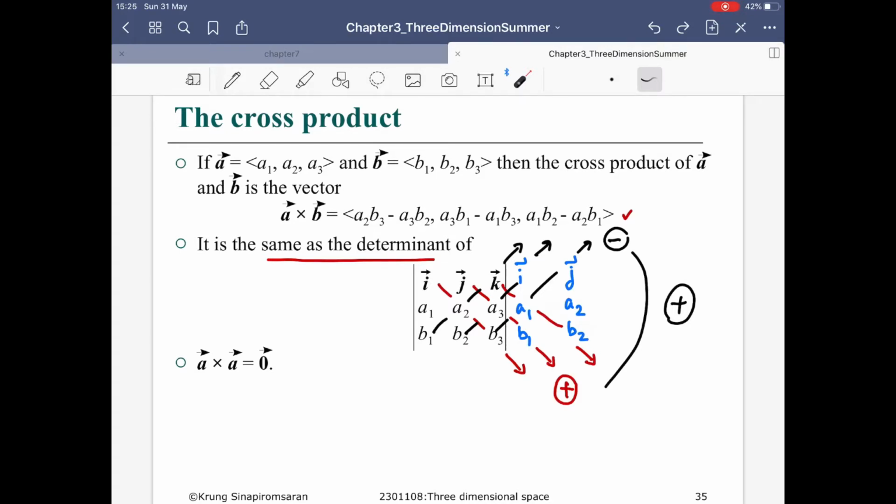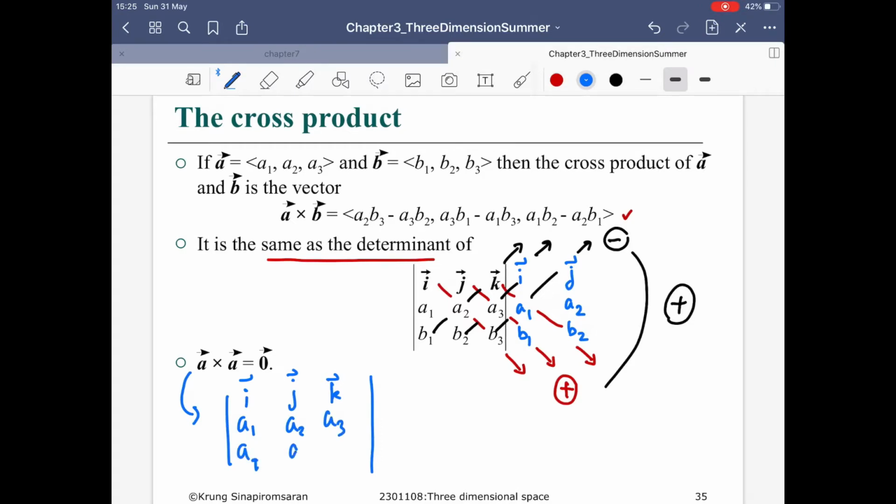So what does this mean? It means that, if we do it this way, your i, your j, and your k, and then you find the cross product between the same vector, A1, A2, A3, A1, A2, A3. By using the knowledge of determinants, if you got two rows which have the same elements, then the determinant is always 0.